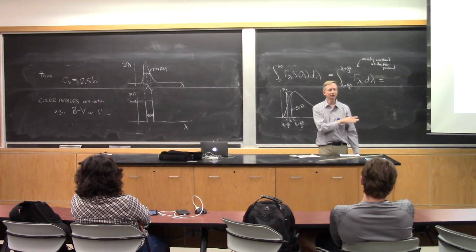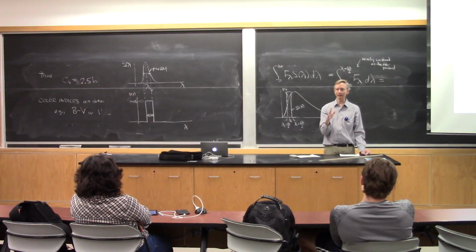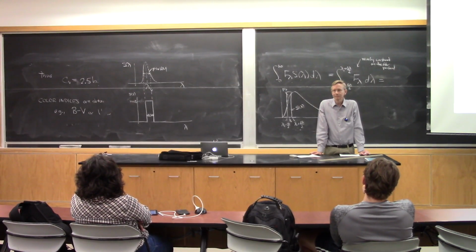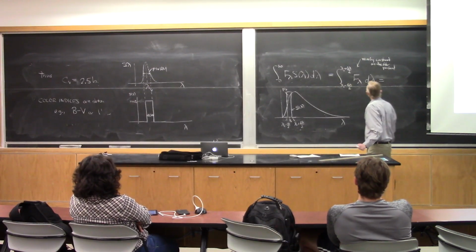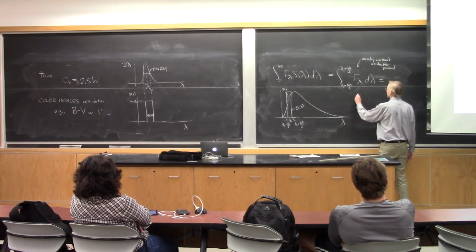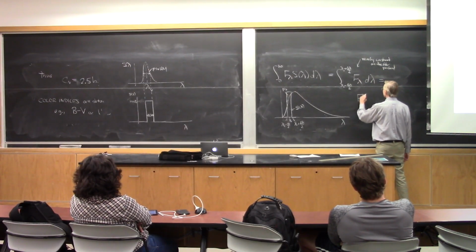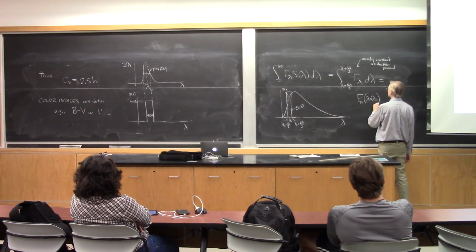What value should I plug in for the wavelength when I evaluate f lambda to approximate its value over the bandwidth of the filter? Lambda naught, right. Put in lambda naught. So this is approximately f lambda evaluated at lambda equals lambda naught.